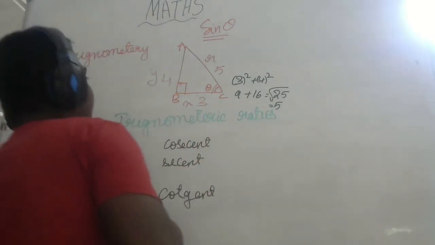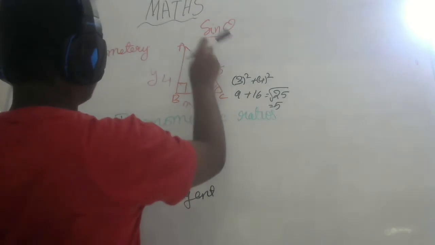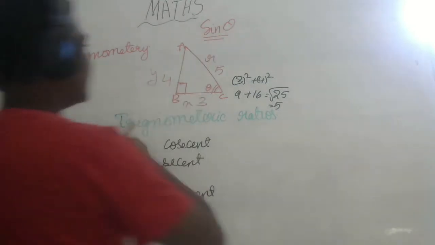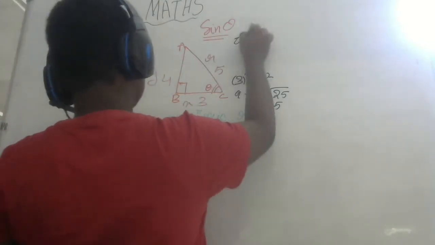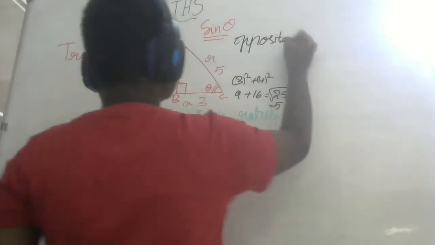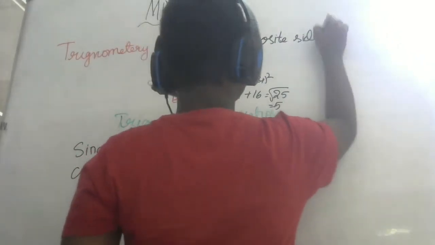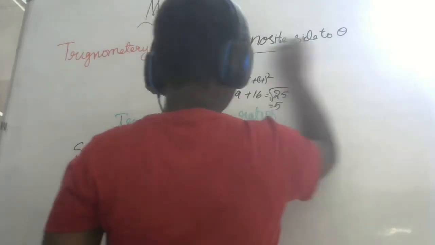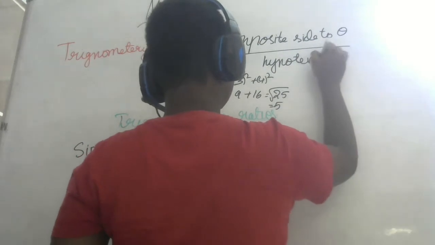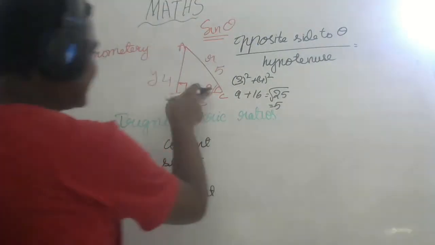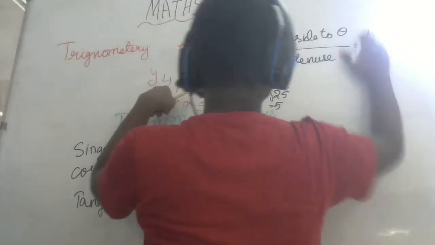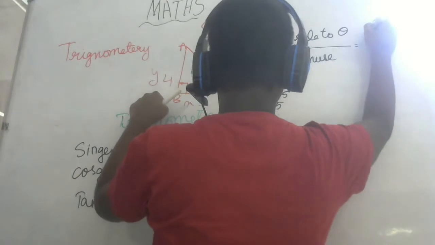Now, how can I find sine theta? Here is the theta. Sine theta is the opposite side to theta by hypotenuse. The opposite side to theta is Y, or let me write the name, AB.